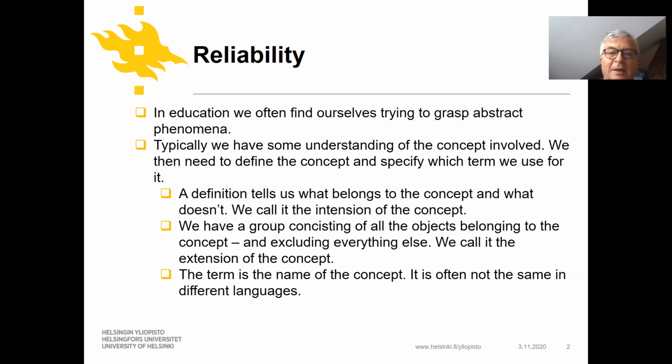So the intention is what we define, and then the extension of the concept is all those objects, all those items that belong to this concept. And then we simply talk about the term of the concept, which is the name of the concept.